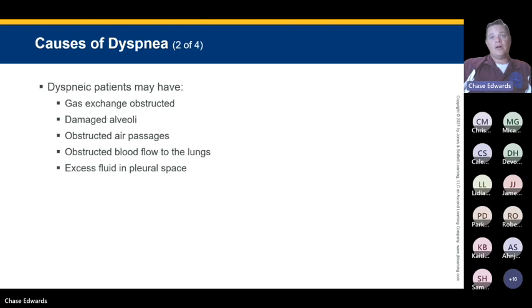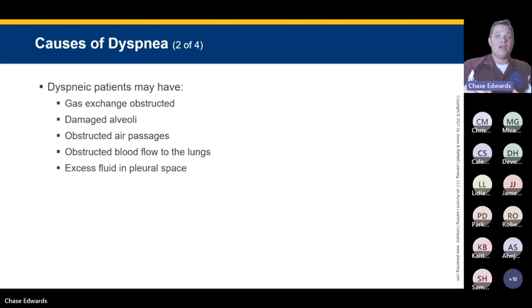Some others that you see here, you can see them all here. So you got to be aware that one or more of the following situations may exist in the dyspneic patient. All right, so gas exchange between the alveoli and the pulmonary circulation is obstructed by fluid in the lung, infection, or collapsed alveoli. So the alveoli are damaged and cannot transport gases at that time.